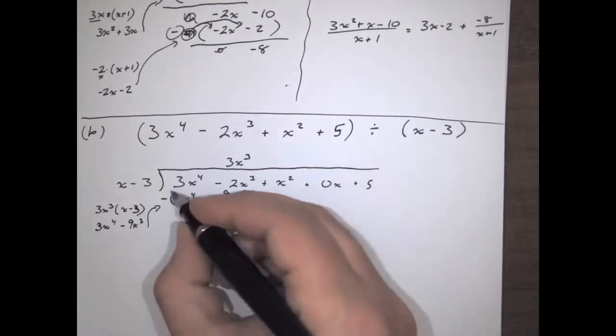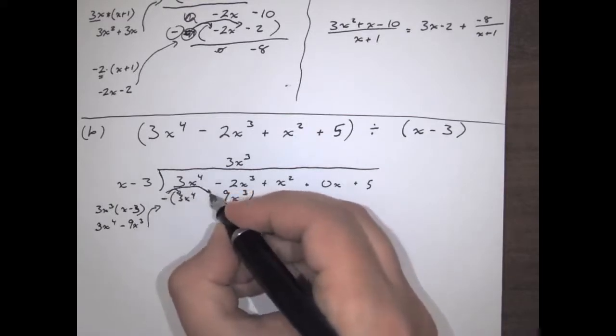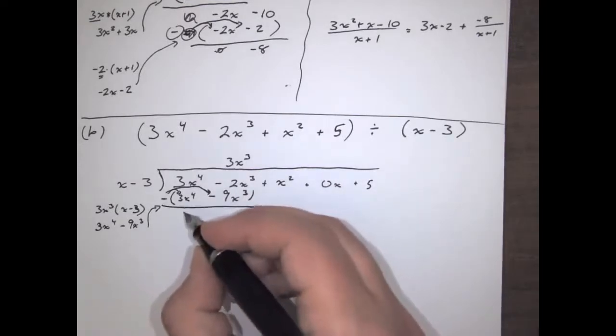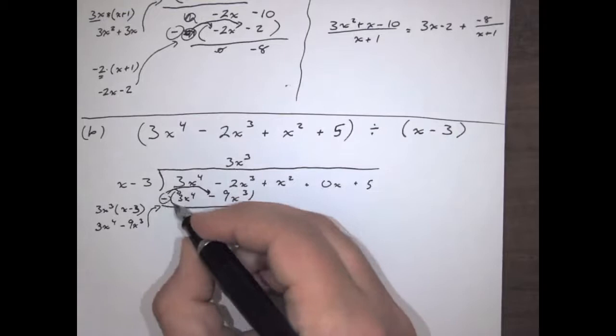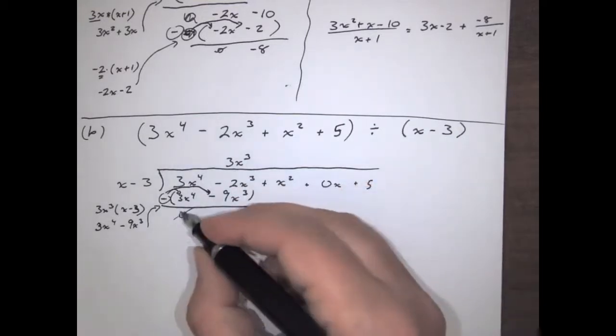But remember, this negative will distribute to both of these pieces, so that really effectively is a plus. So that is a 0, no worries.